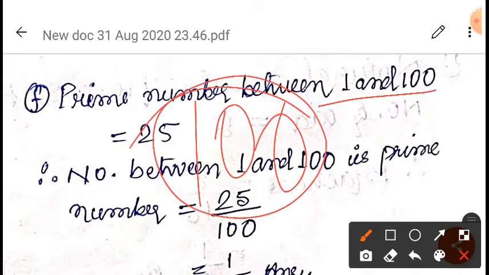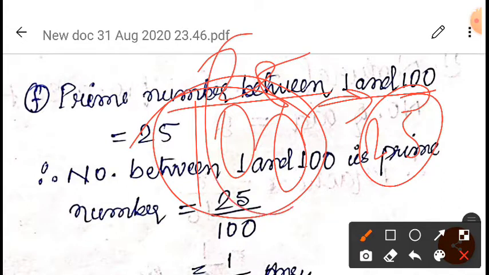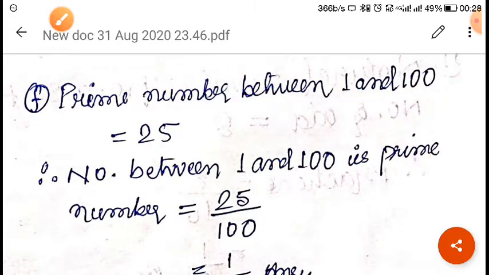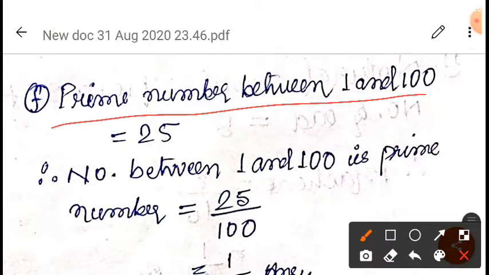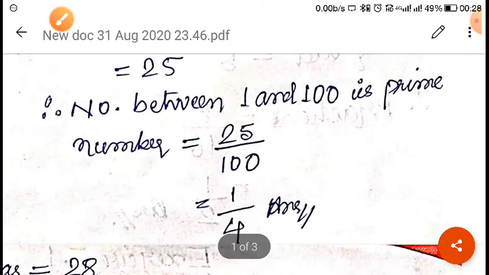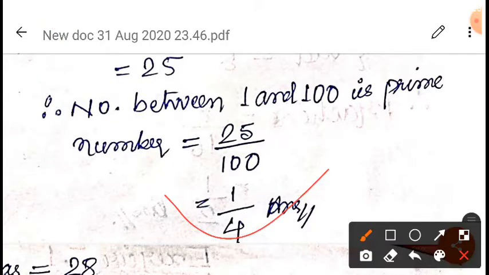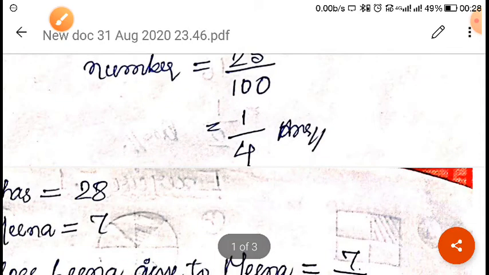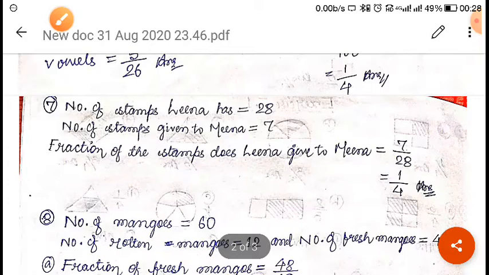And in these 100 numbers, how many prime numbers are there? When you calculate, it will be 25, right? So we have to give the fraction between this 25 and 100. As you can see, I have written that the prime numbers between 1 and 100 are 25, so 25 by 100 will be 1 by 4, as you can see here, right? Next, question number 7.